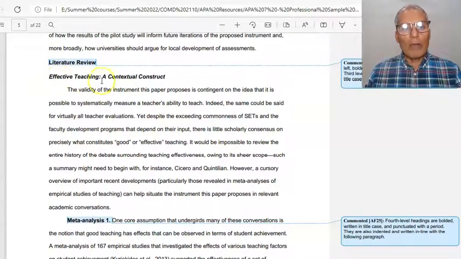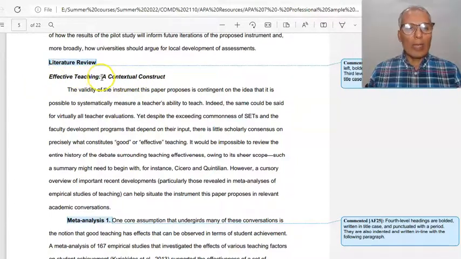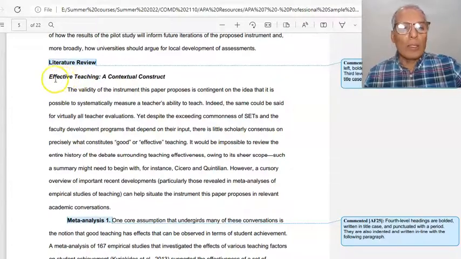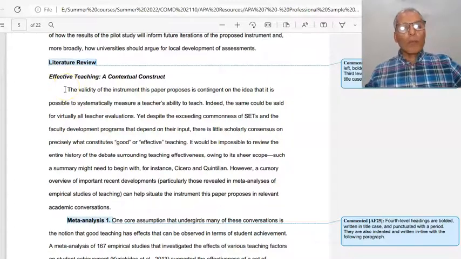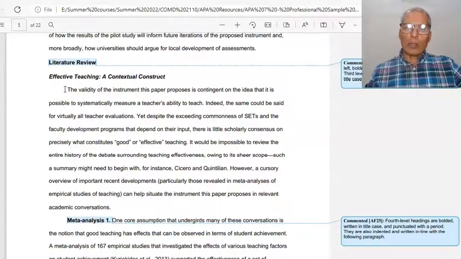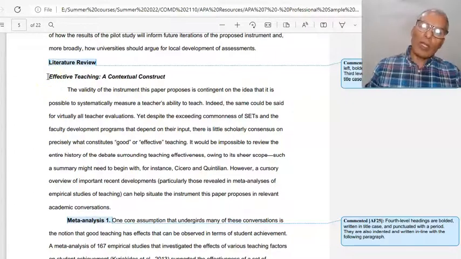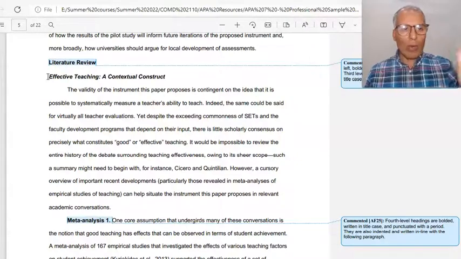So, effective teaching, a contextual construct. This is your first heading, and the heading can have a subtitle as well. You notice again, it is not all in caps, only the first words of it, and it is bold. There are section titles that I'm going to show you, but the headings must be on the left side. They are not indented, they are just on the left side.